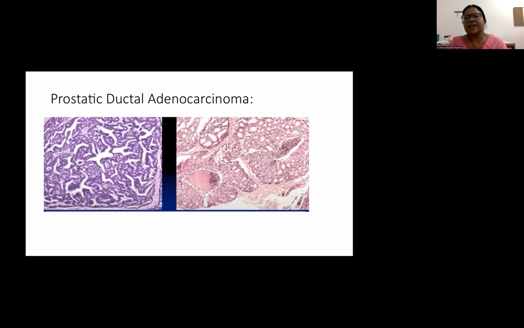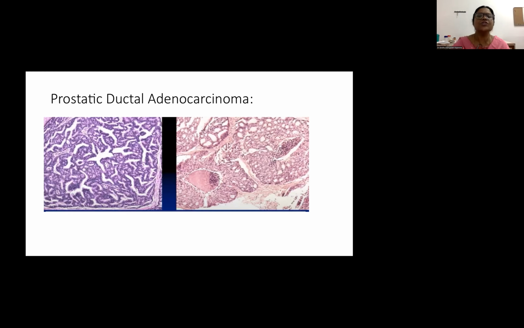Now, I said adenocarcinoma is the most common type of tumor in the prostate. It could be taking its origin from the acini or from the main prostatic ducts. Those which take their origin from the prostatic duct are called prostatic ductal adenocarcinoma.